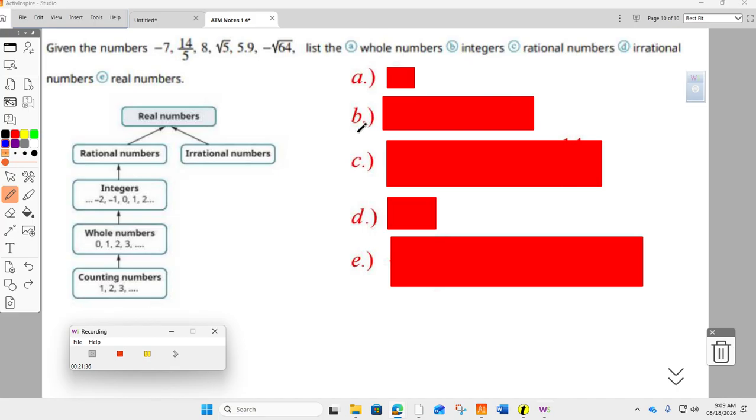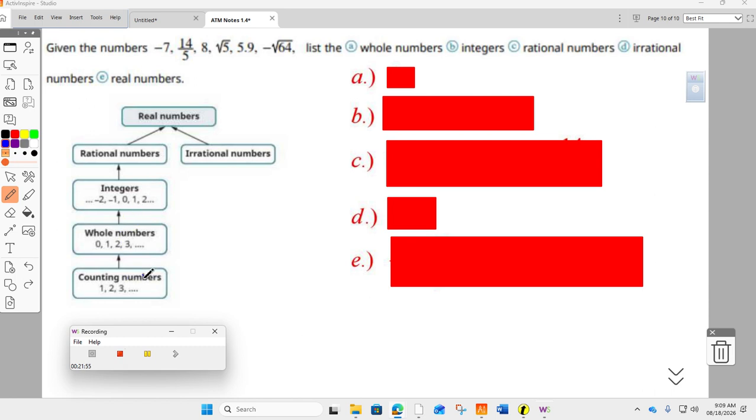But within rational numbers, numbers that can be written as fractions, we have 4 different categories. It may be categorized as a counting number, a whole number, or an integer, or more than one of those.